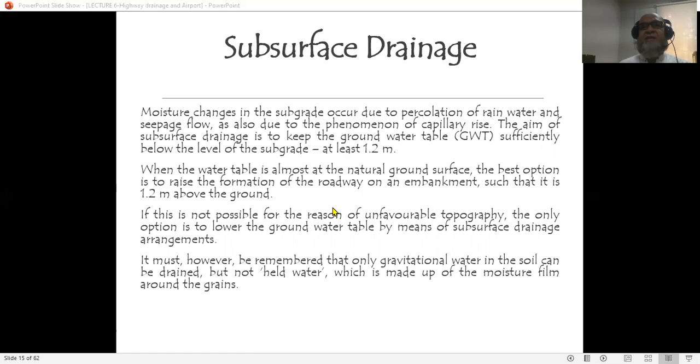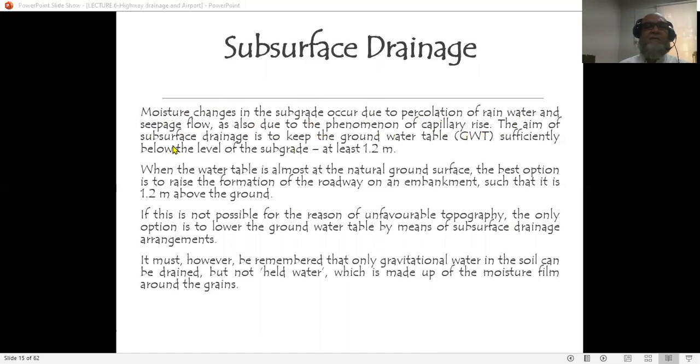Another type of drainage is subsurface drainage. What is subsurface drainage? We can define: moisture changes in the subgrade occur due to percolation of rainwater and seepage flows, as also due to the phenomenon of capillary rise.